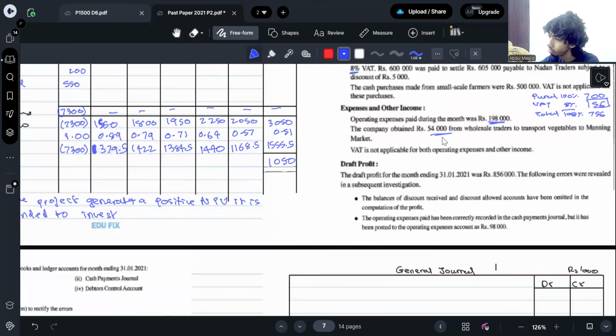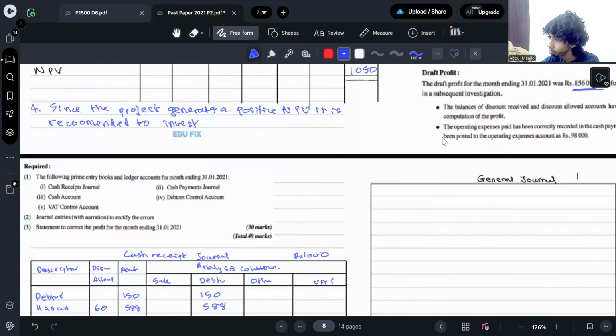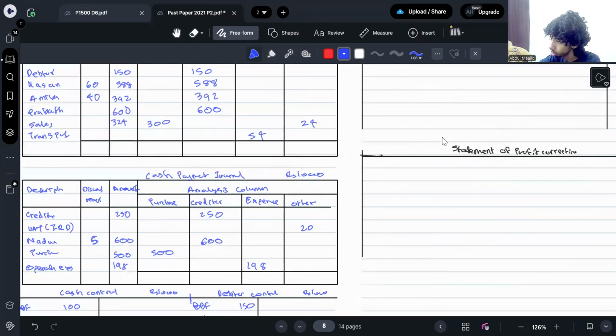Okay. Then draft profit. The draft profit for the month ending 31st January 2021 was 856. Following errors were revealed, and you have to correct the profit next. So draft profit will be put to statement of profit or loss correction. Draft means the wrong one before correction.